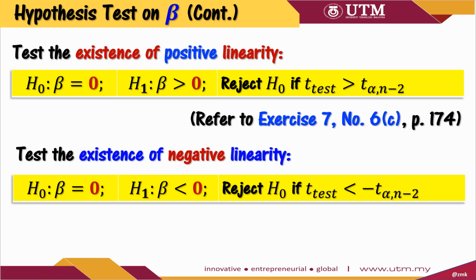The rejection rule is then to reject H0 if the t-test statistic is less than the left-sided critical value, which is negative t alpha with degrees of freedom n minus 2.